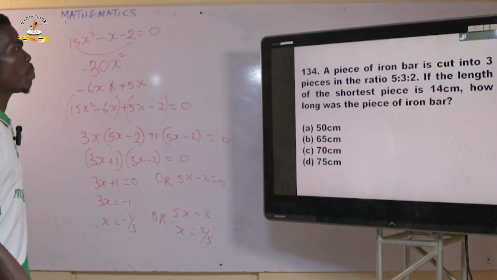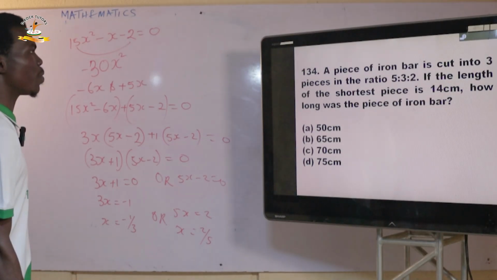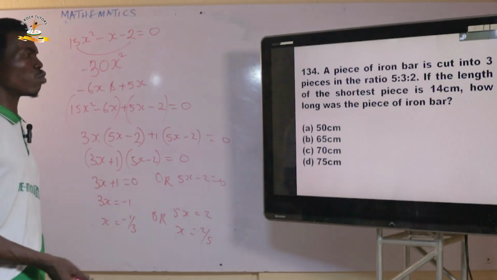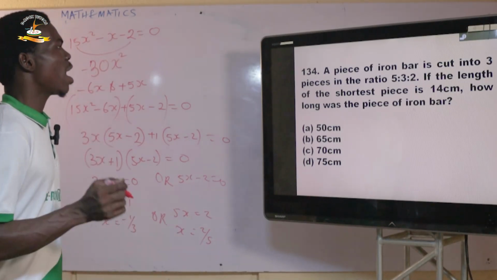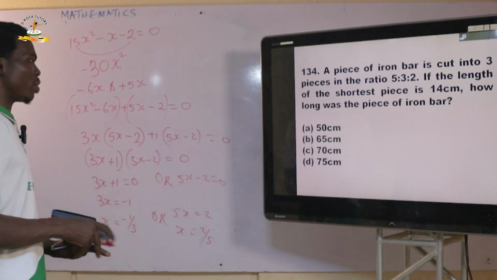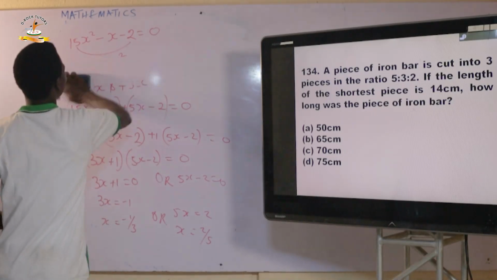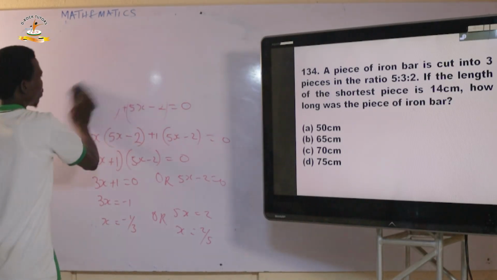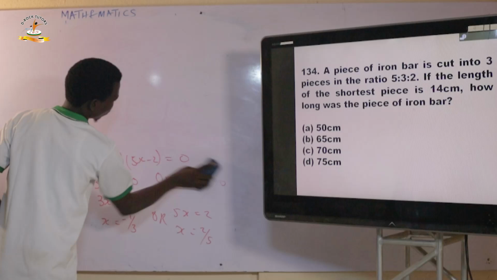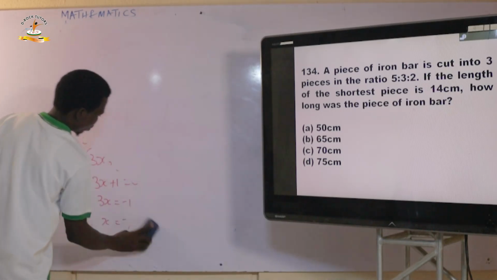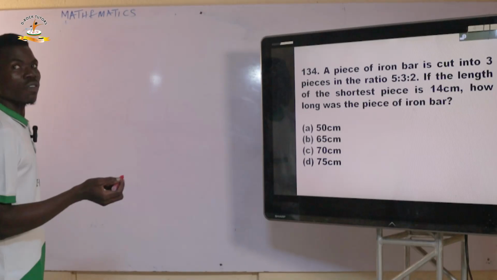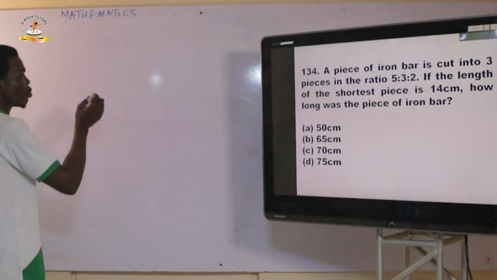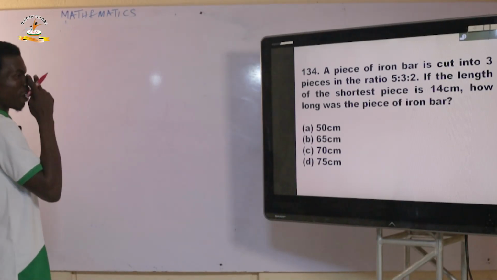Question 134. A piece of iron bar is cut into 3 pieces in the ratio 5:3:2. If the length of the shortest piece is 14 centimeters, how long was the piece of iron bar? So we have some piece of iron bar that is cut into ratio of 5:3:2.